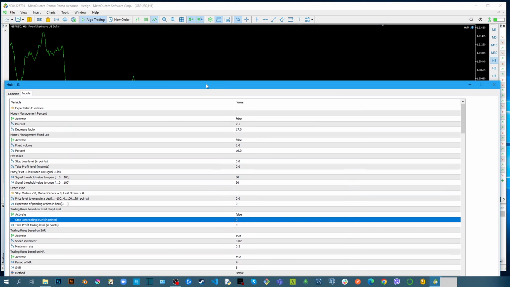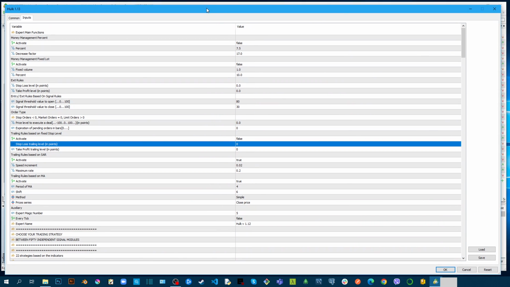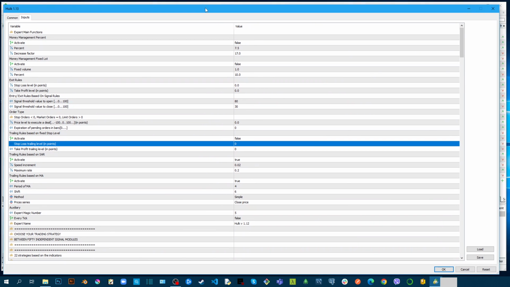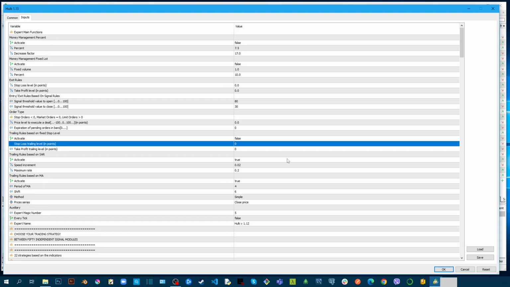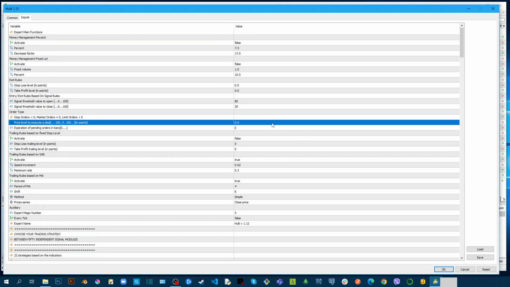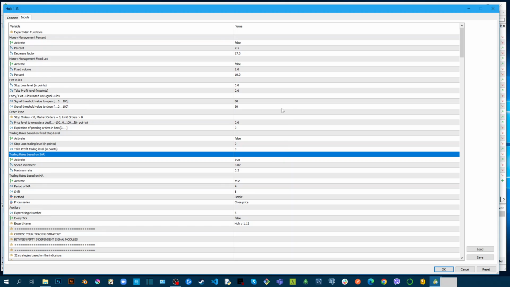So in this case, I use the money management system by default, this invisible money management system, and in this case a robot will open a micro lot for any new market order, because of this optimization process. In this optimization process, I got market order, as you can see, 0 here.